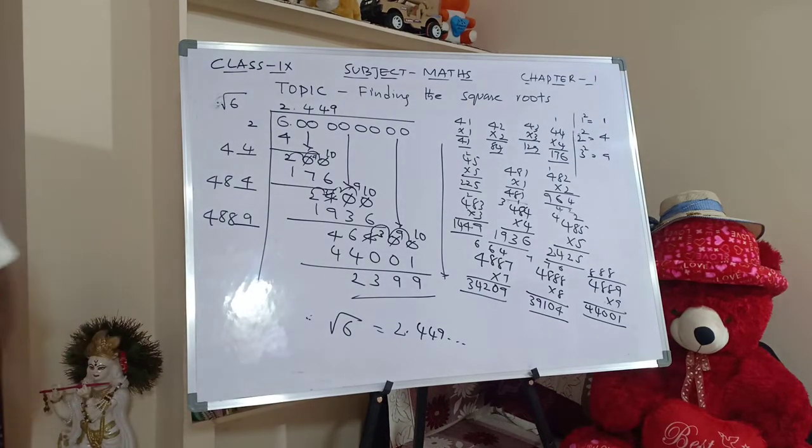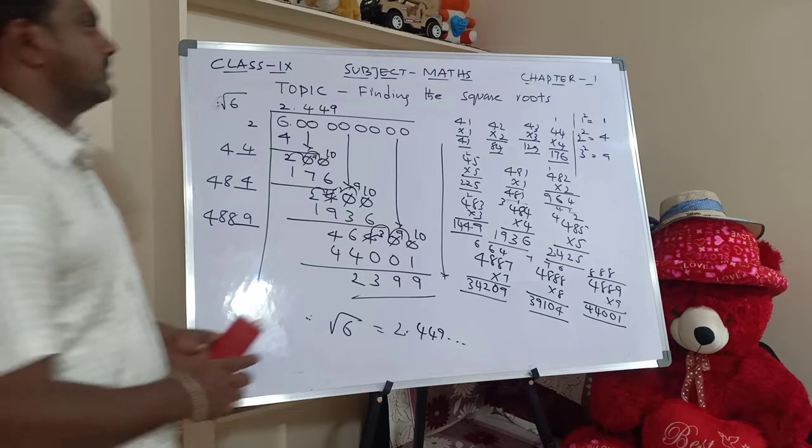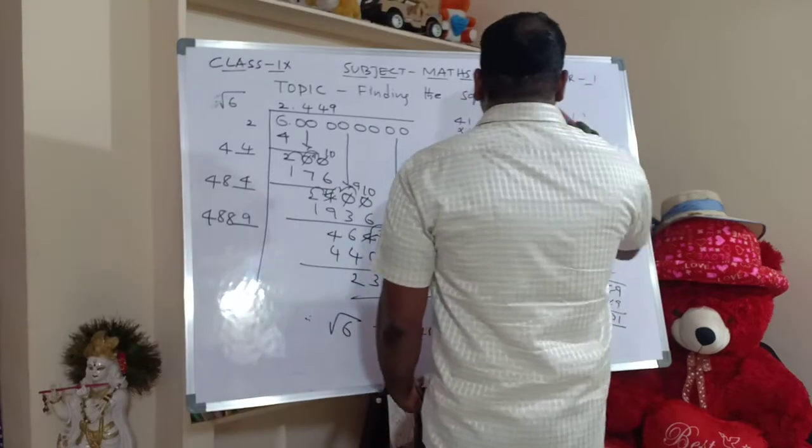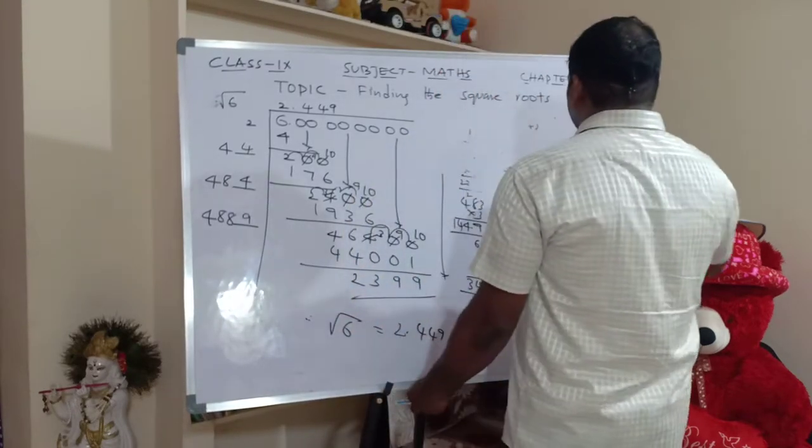So this is the value of root 6. That's all about today's session.